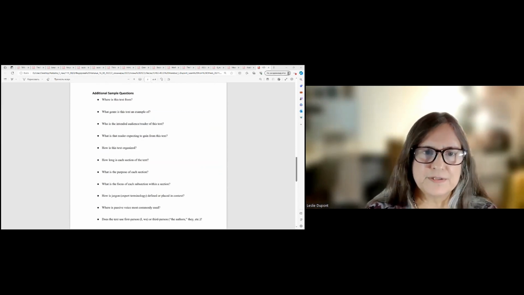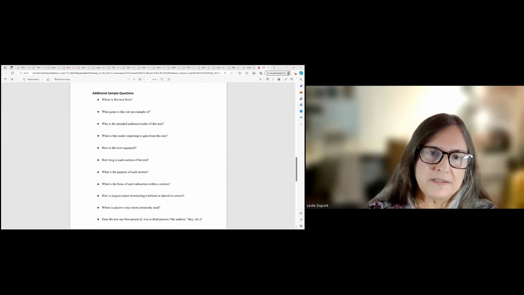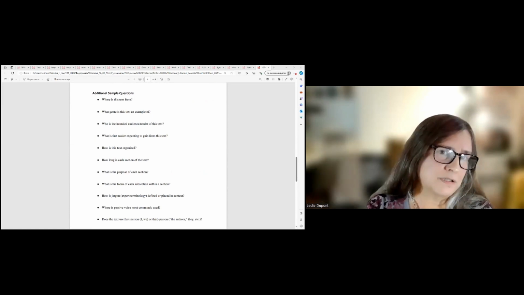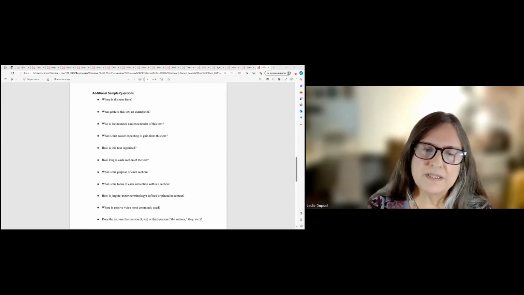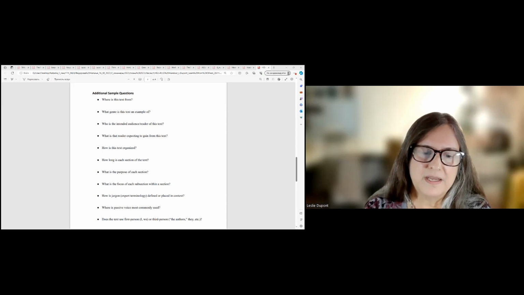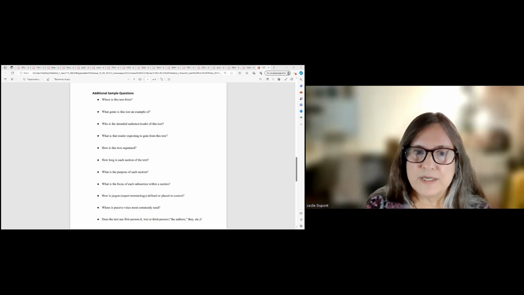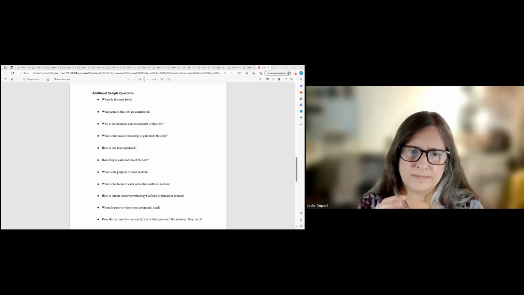These are additional sample questions, and they can be good starting points if you are simply trying to get a feel for a text. Think about how you might be able to use some of these questions. If they're not useful for you, or if some are but some aren't, delete the ones that aren't, and maybe replace them with questions that make more sense to you.